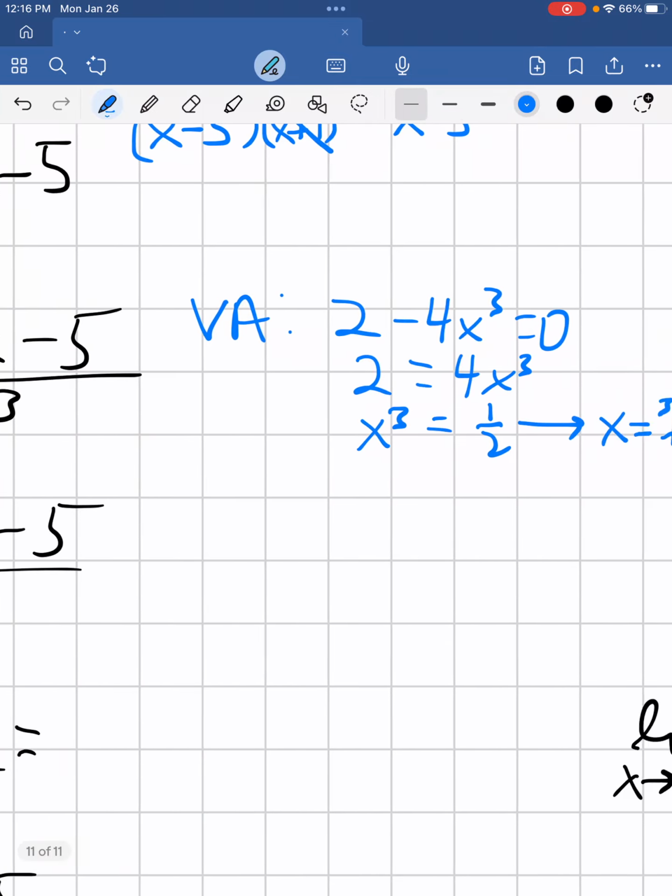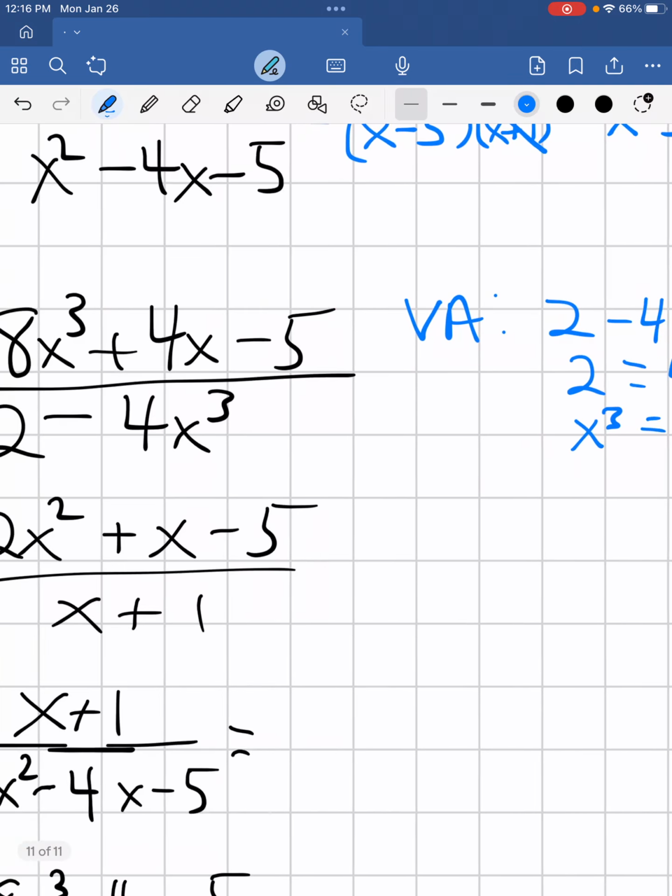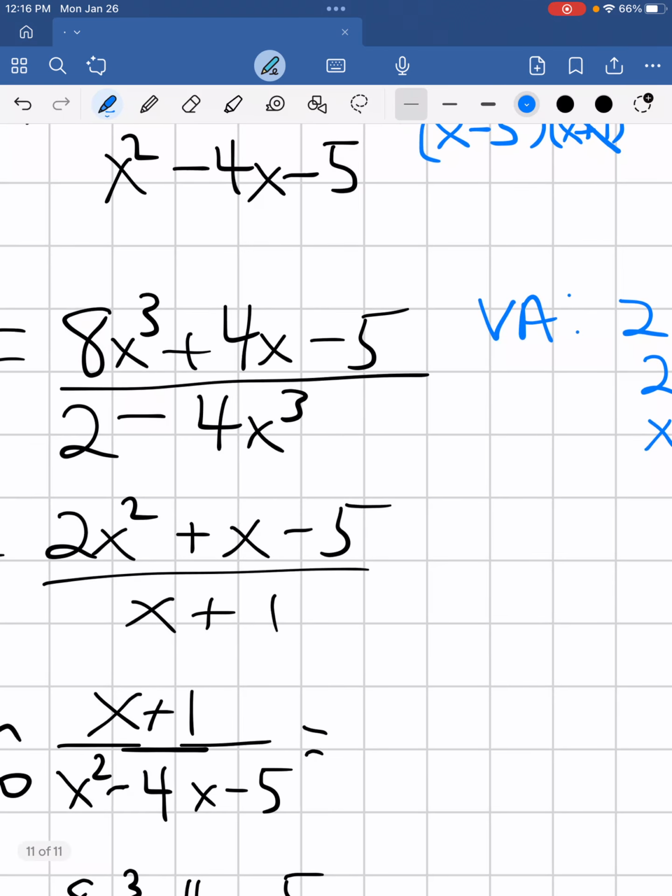Horizontal asymptotes, again, we have those rules that you learn in algebra class about rational functions. So looking at the numerator, the highest exponent for x is 3, and the denominator, the highest exponent for x is also 3. So they have the same degree. Whenever the numerator and denominator have the same degree, we divide the leading coefficients.